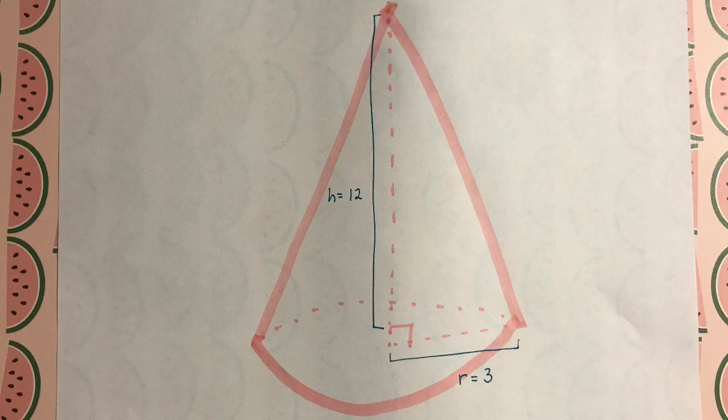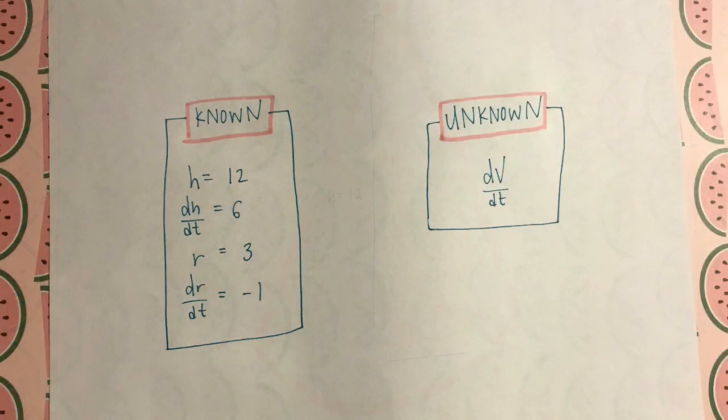So first, draw a figure and label the quantities. I'm going to draw a right circular cone and label the height as 12 and the radius as 3. Then we're going to determine the known and unknown variables. We know h equals 12, dh over dt equals 6, r equals 3, and dr over dt equals negative 1.